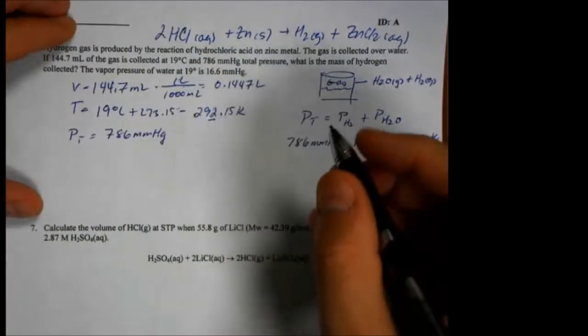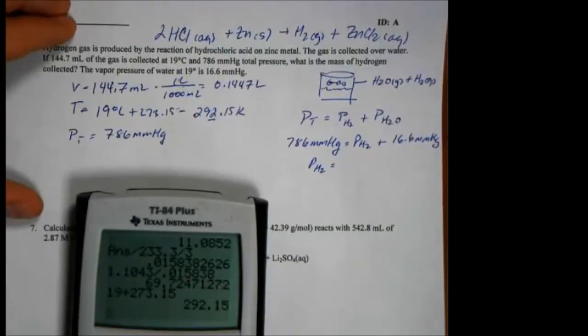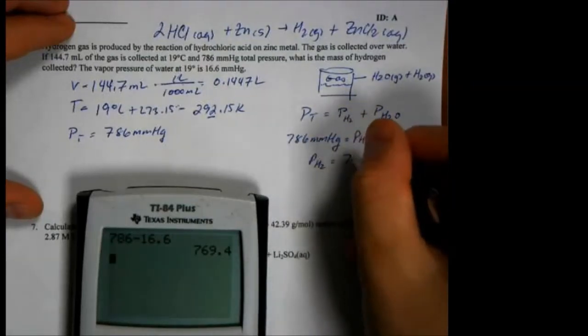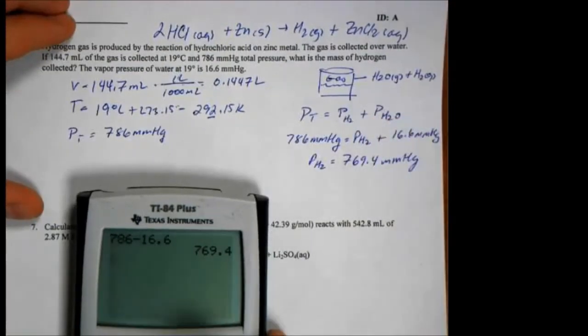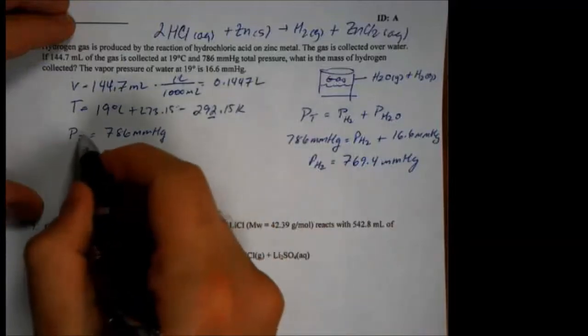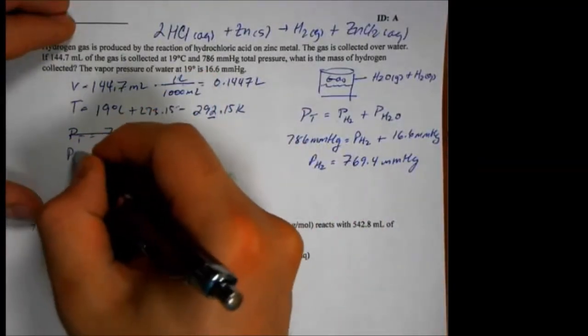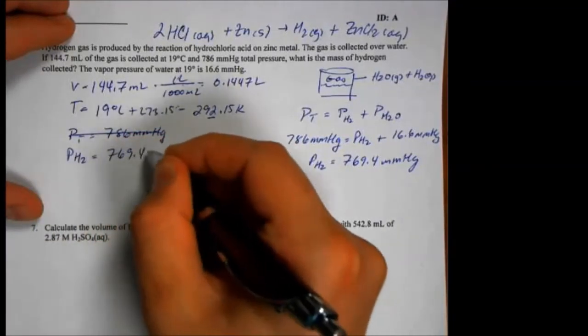So calculating the H2 pressure, we can subtract those two values: 786 minus 16.6. This is going to be 769.4 millimeters of mercury. So actually, the total pressure becomes irrelevant, so we can cross that out because it has nothing to do with the problem anymore. The pressure of H2 is equivalent to 769.4 millimeters of mercury.